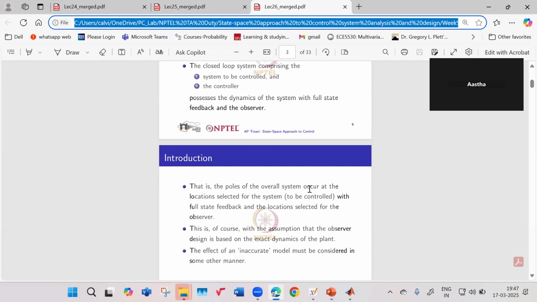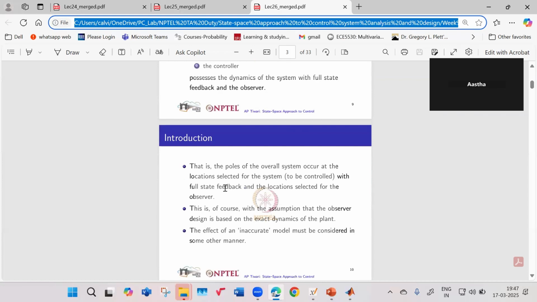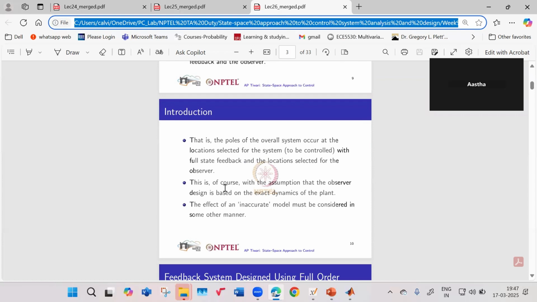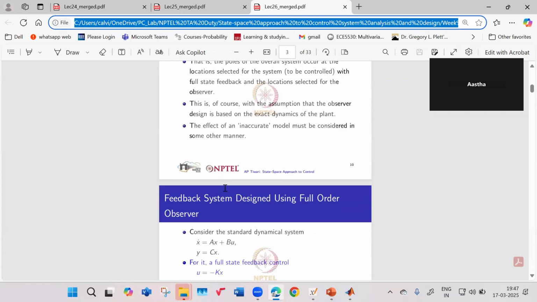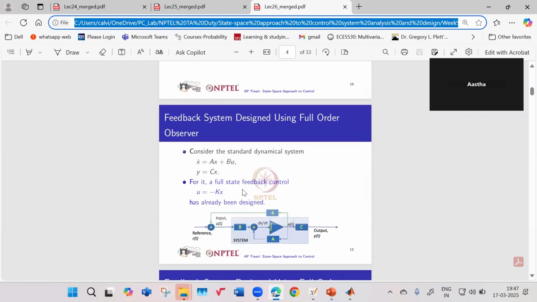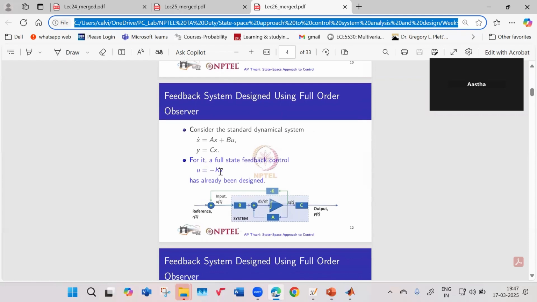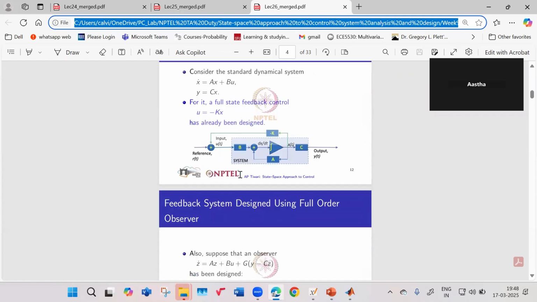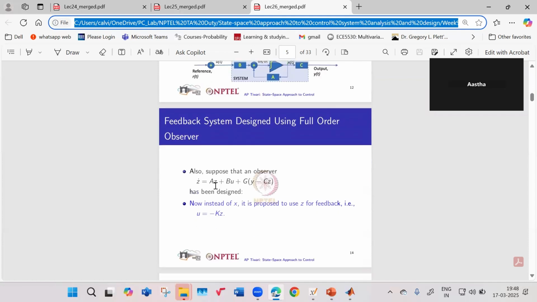Okay, so the poles of the overall system can be designed using full state feedback, and we can also design the observer poles as well. Here I can see the feedback system design using a full order observer. U equals minus Kx, we can design our controller. Now this is our observer: z dot is equal to Az plus Bu plus L into y minus Cz.